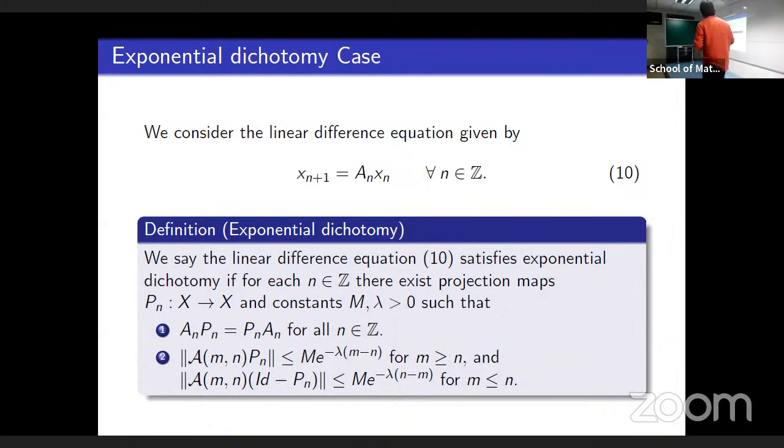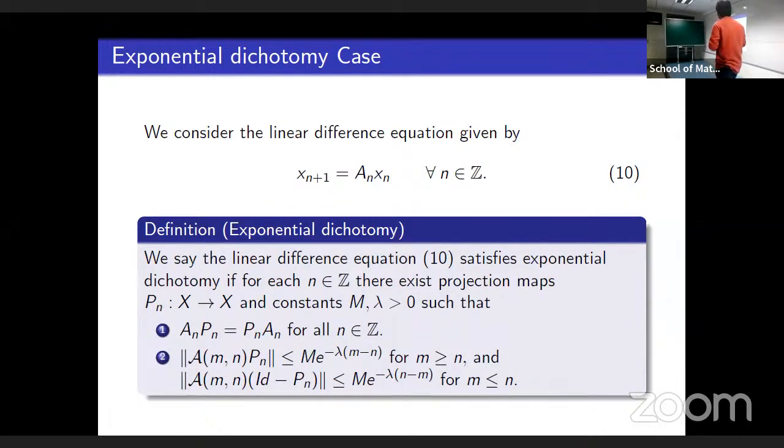So given a difference equation, here the ANs are again the same, the linear bounded maps, and we say that the difference equation satisfies exponential dichotomy if there exist projection maps PNs such that these PNs commute with the operator ANs. That is the first condition, and the second condition is the evaluation family of this equation, script AMN, satisfies the exponential bounds on the projected spaces by Pn and identity minus Pn.